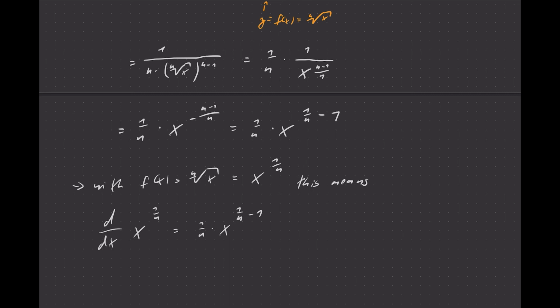So again, the rule we've seen working for monomials, take the power, write it in front of the x, and subtract 1 from the power, again works in this context as well. So you can even apply this to nth roots and it will work all the same.